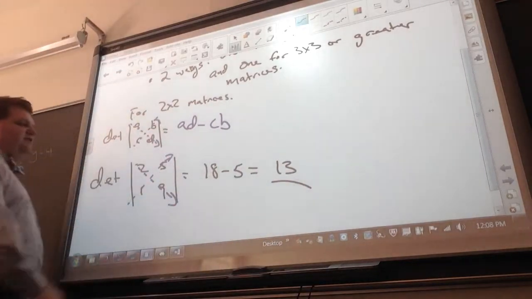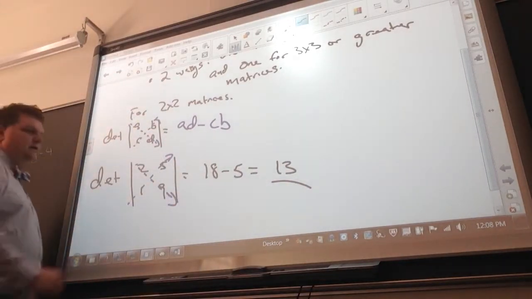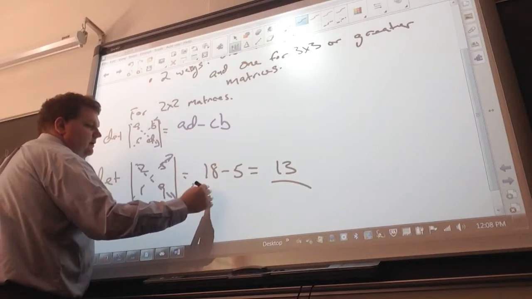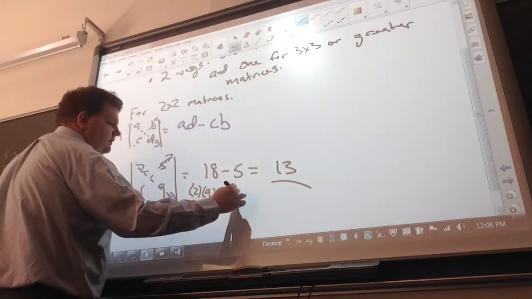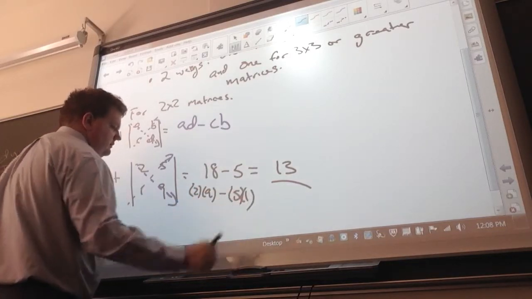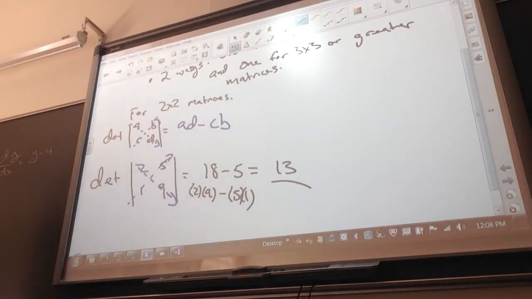So the determinant of this matrix is 13. Just like that: 2 times 9 minus 5 times 1. That's how I get 13 as my answer.